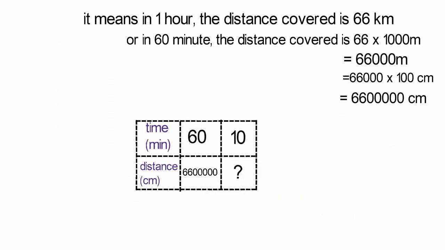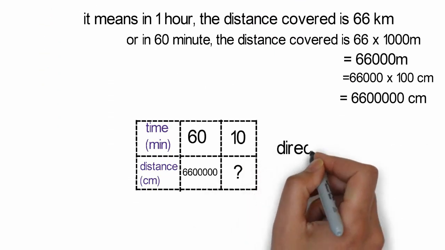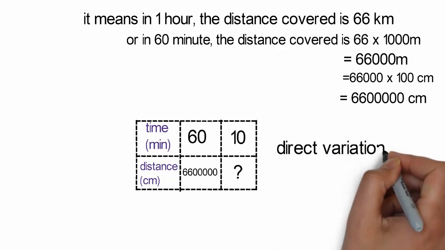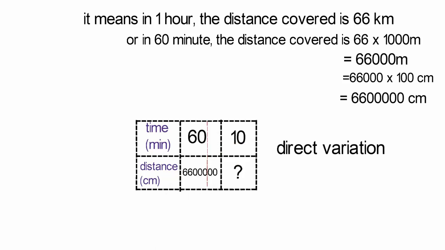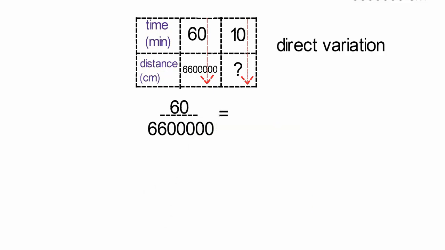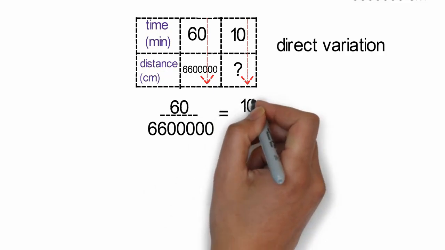So we're going to use the variation process. Here we are observing direct variation. This we have studied in class 8. Why? Because if time is more, then we can cover more distance. If time is less, then we will cover less distance. So that's why we have direct variation. According to the position of the arrow, we're going to write 60 divided by 66 lakh equal to 10 divided by, in place of the question mark, let us write x.